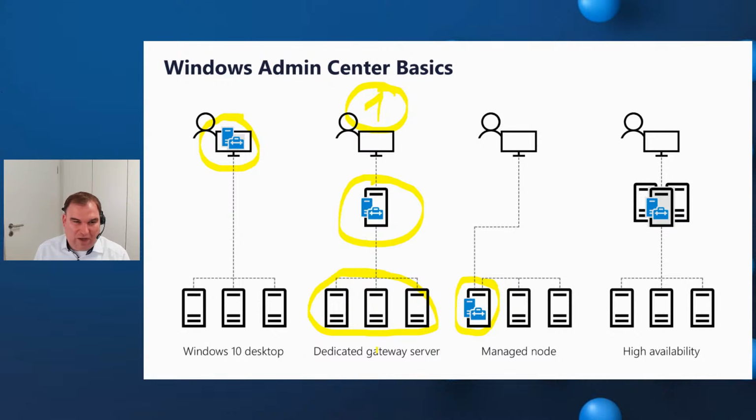They don't have any impact because the Windows Admin Center is not running. But your administrators are not able any longer to access the Windows Admin Center page to configure things on these machines.